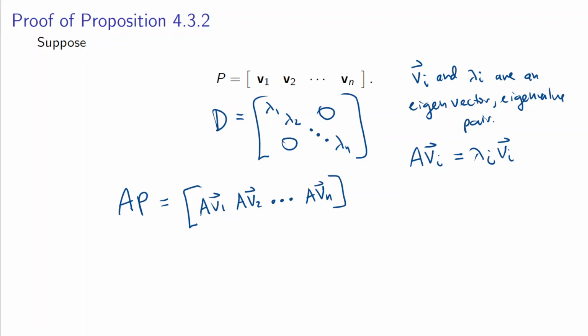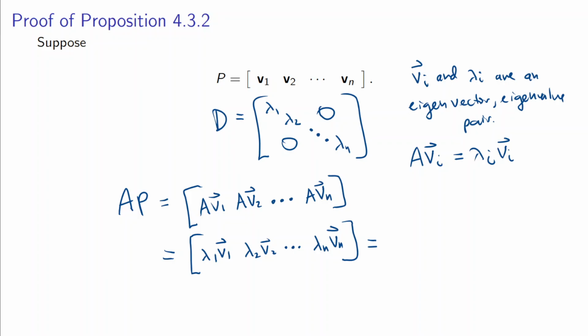So the columns of AP are A times the columns of P. That's just our definition of matrix multiplication. But A V1 is lambda 1 V1 because V1 and lambda 1 are an eigenvector-eigenvalue pair. And A V2 is lambda 2 V2, and then down to A Vn, which is lambda n Vn.